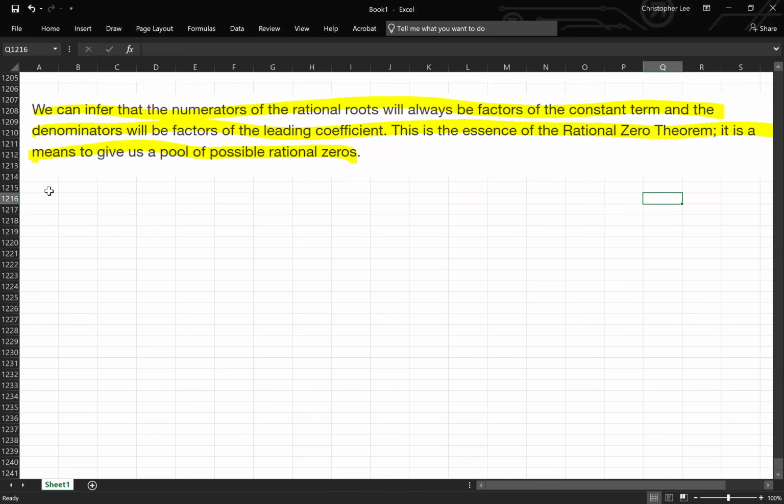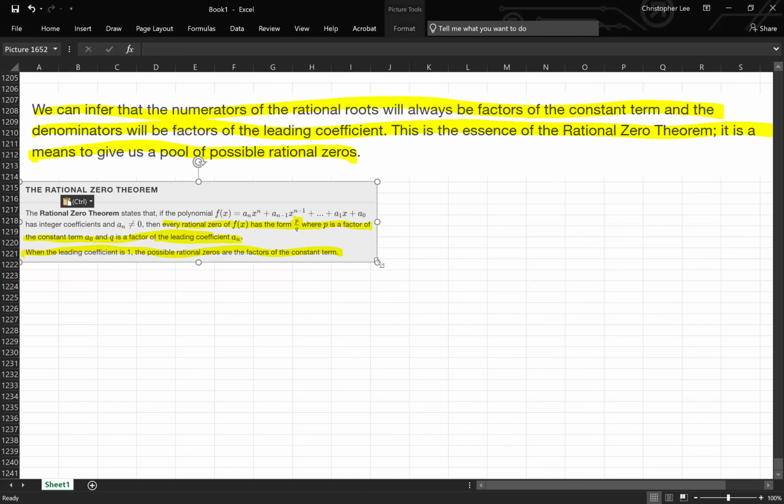So here's the theorem right here. Rational zero theorem, right?